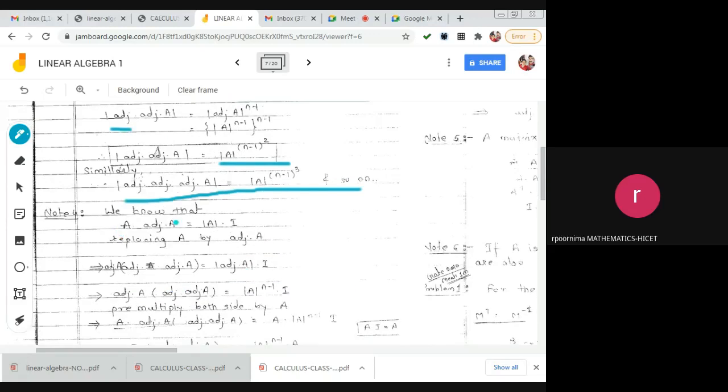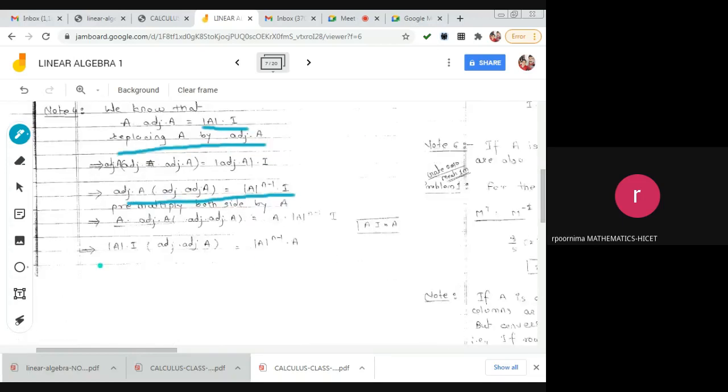So the next, we know that A into adjoint of A equals determinant of A into I, no, the result. So you just replace A by adjoint of A. So you will be getting adjoint of A into adjoint of adjoint of A, which is equal to determinant of adjoint of A into I. So you will be replacing the determinant of adjoint of A with the determinant A to the power n minus 1 result.